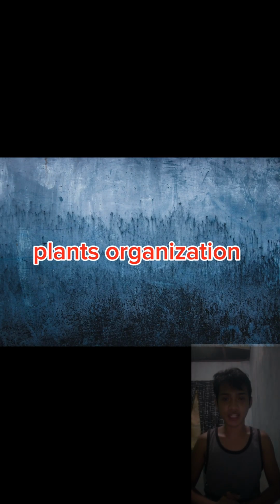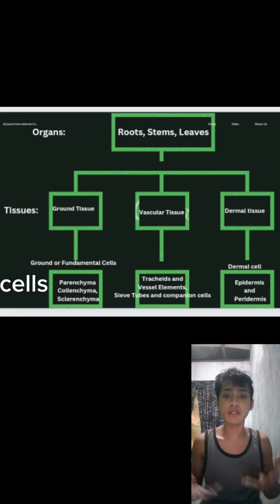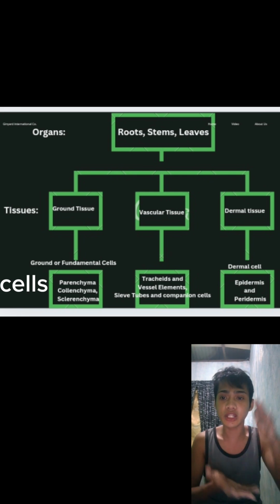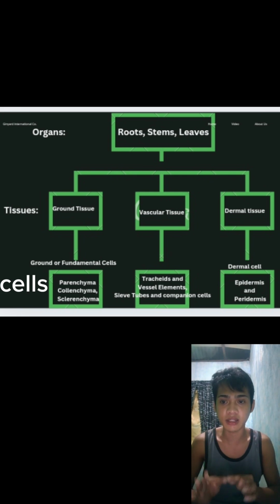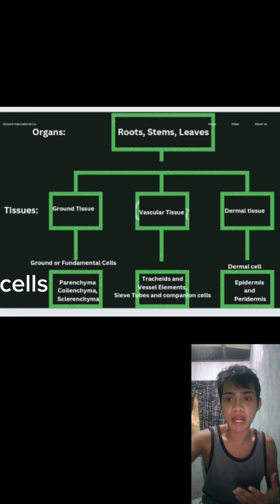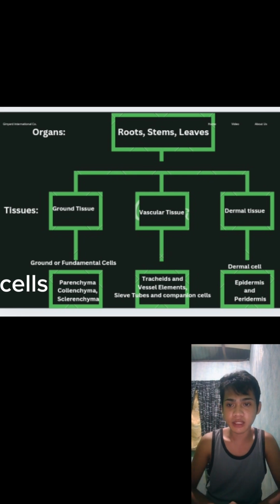Plant organization. The image that you have seen on the screen is the organization of a plant system that starts from the largest structures, the organs, down to the smallest cells. So the organs, or the main parts of a plant, are the roots, stems, and leaves.